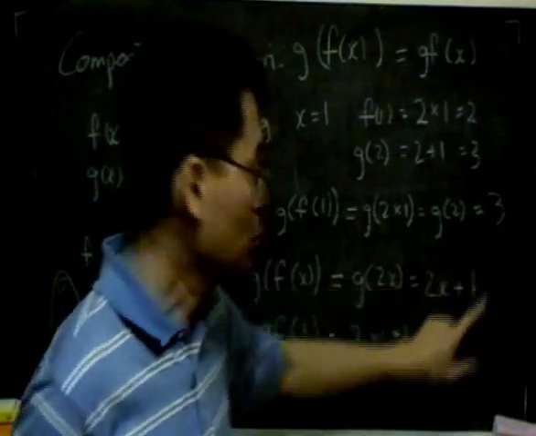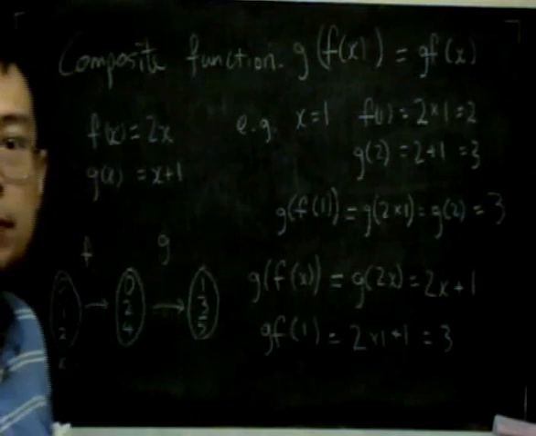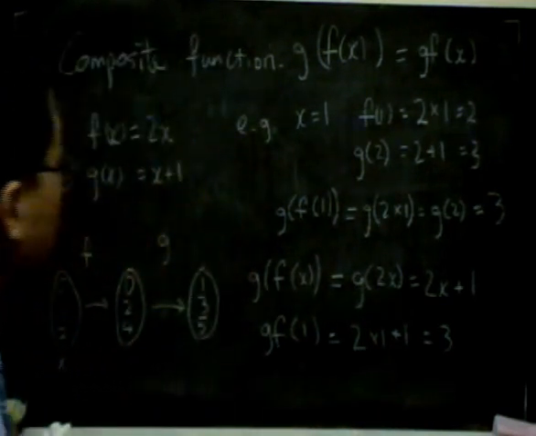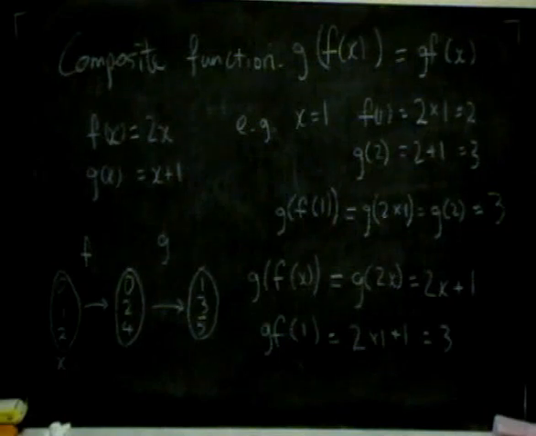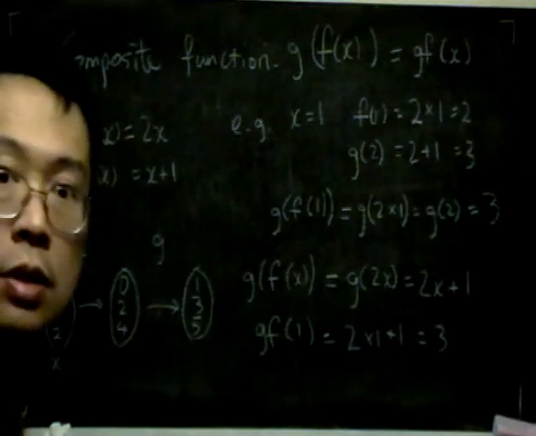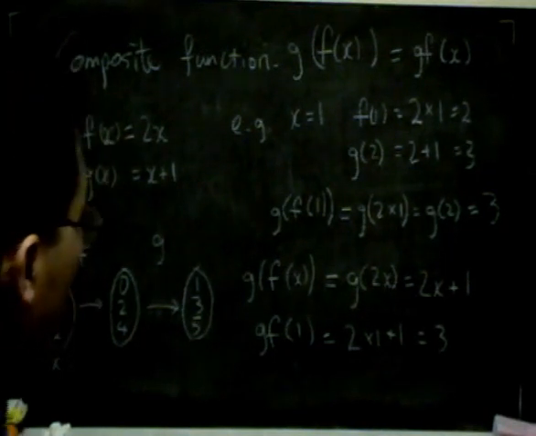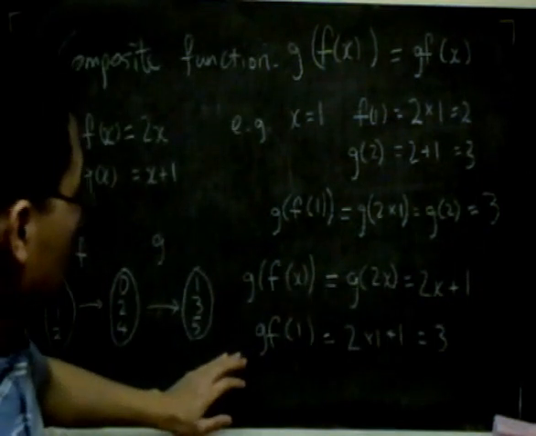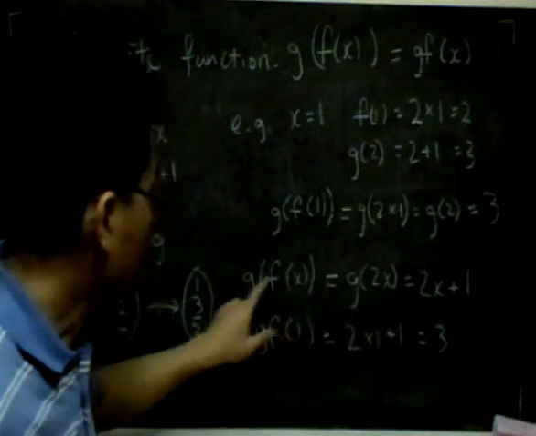The same, 3 there and 3 there. I hope you can see that number there. So that's the formula for gf of x.